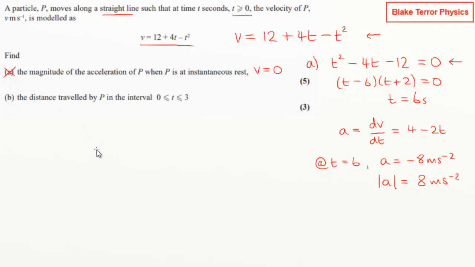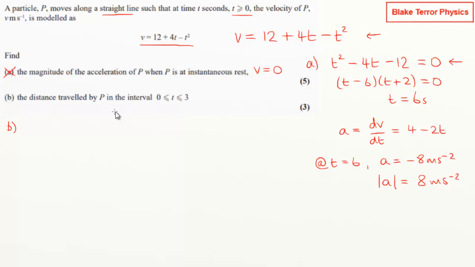And then we need to find the distance traveled by P in the interval 0 to 3 seconds. So for part B, remember that distance traveled is the accumulation, or at least the displacement is the accumulation of the velocity. So we need to make sure, if we're looking at distance traveled, that we don't have a change in sign of the velocity.